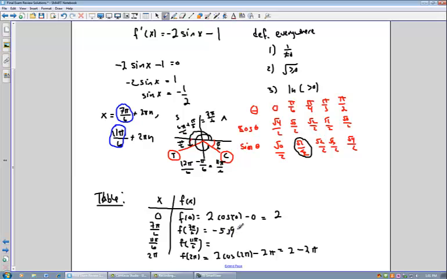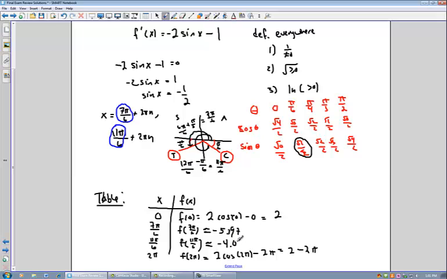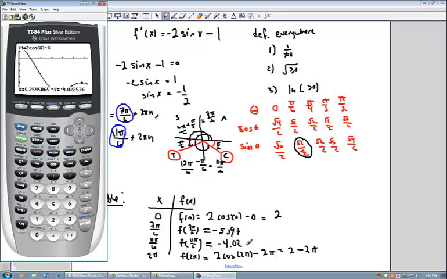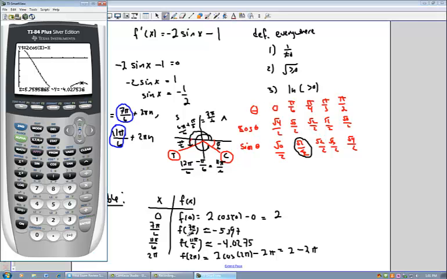And then I can do 11 pi over 6, hit enter, and I get out negative 4.02, and I have 7.5. So just doing a bunch of decimal places. And then I can even do 2 pi, so I hit 2 pi, hit enter.